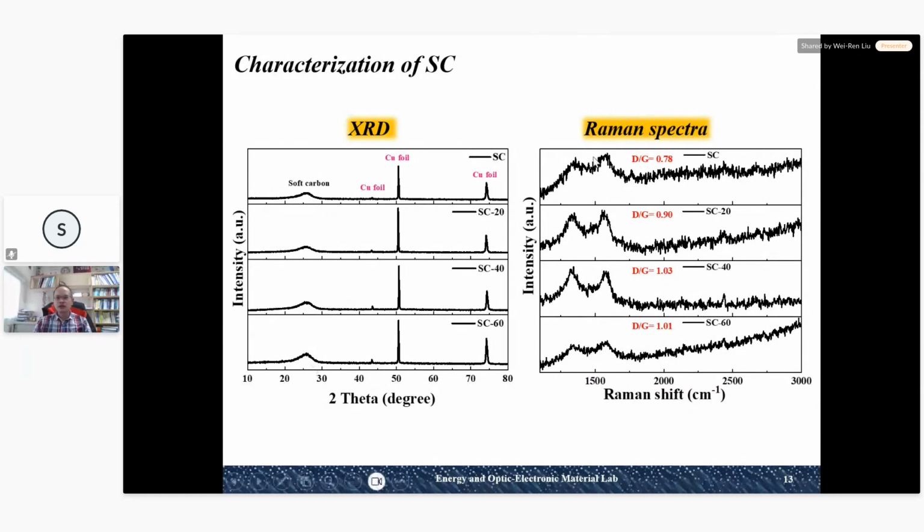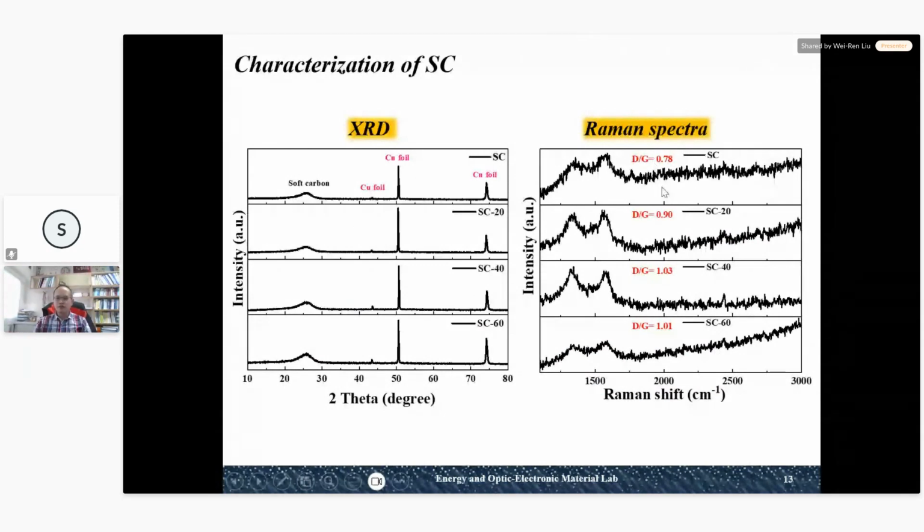We also use the Raman spectrum to see the soft carbon electrode before plasma treatment, and after different times of plasma treatment. So as you can see here is a D band and G band. For the D/G ratio, we can identify the defects in the carbon. So before, for the pristine soft carbon, the D/G ratio is about 0.78.